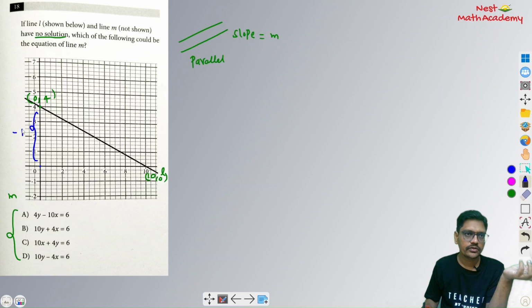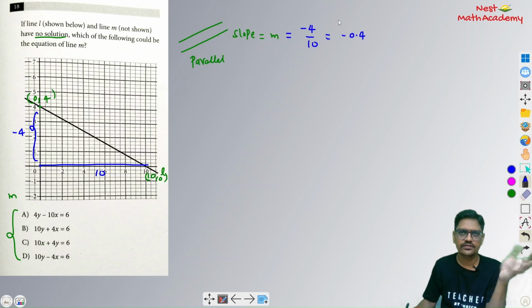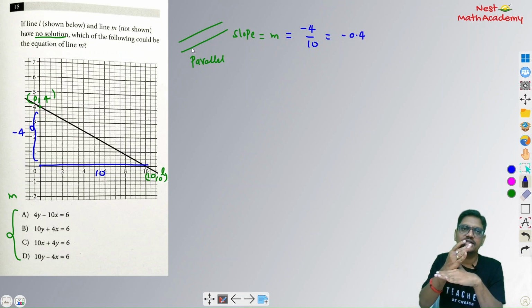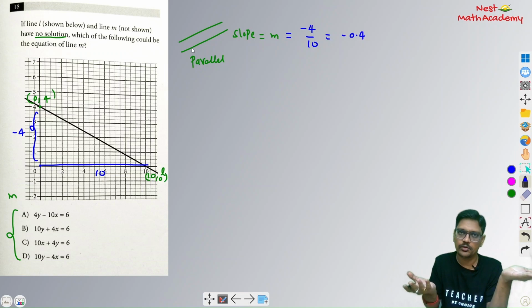This is -4, rise, and run is 10. So the slope is equal to -4 over 10, which is -0.4, or else you can leave it like this also. So this is the slope of the given line. Now I need to look for the line which has the same slope so that both are parallel. Parallel means they will not intersect. They will not intersect means there is no common solution for both of them.